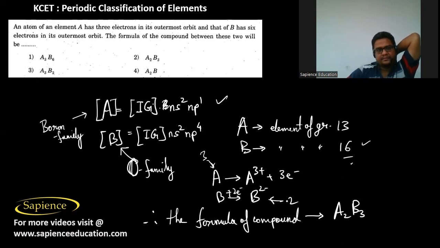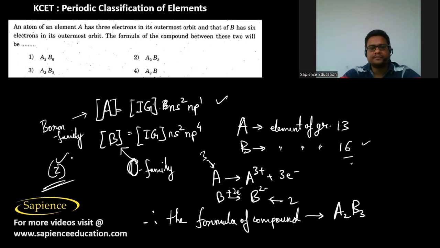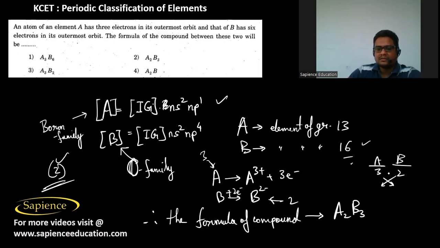So option 2 is the correct answer. Since A has valency 3 and B has valency 2, I will do crisscross, so it will be A2B3. So option 2 is the correct answer.